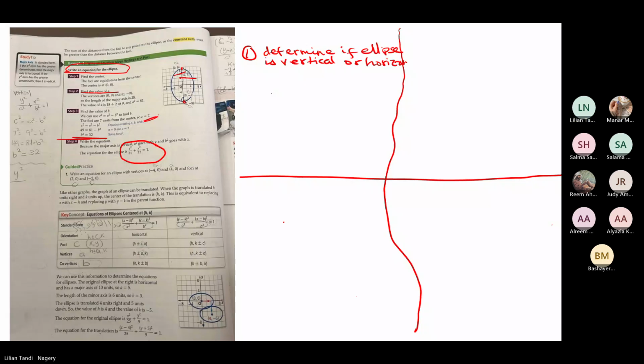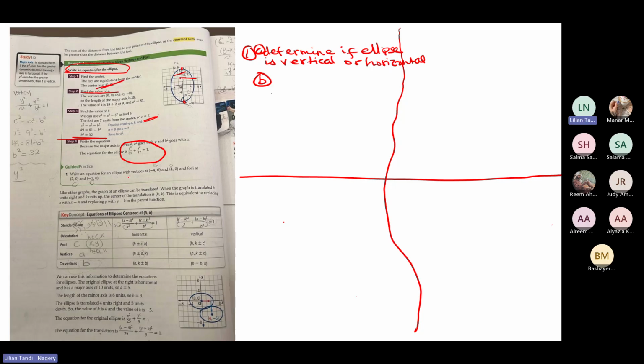After that, part 1 has 2 parts, part 1A and then part 1B. What is part 1B? Find the center.